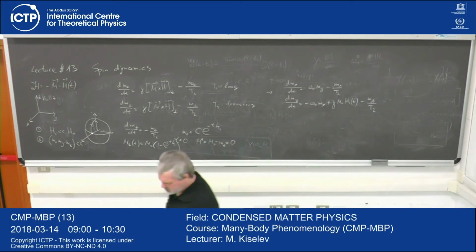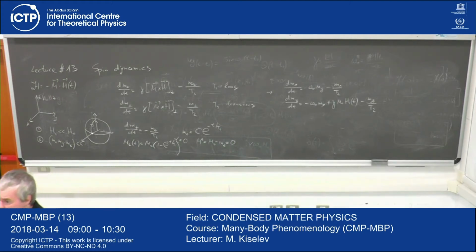So what I did, I took the same linearized equations which I derived before and added to them the term with 1 over T2. And let me argue that this term, if we translate everything to the language of a harmonic oscillator, is just a friction in a harmonic oscillator. So this is a friction in your precession.